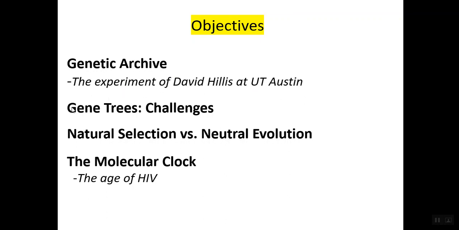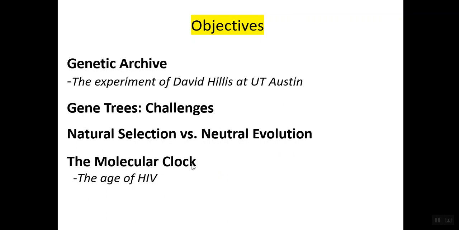We're going to talk about the concept of gene trees and the challenges associated with them. Then we're going to talk about neutral evolution, this concept, very simple, okay? And we're going to talk about the difference between natural selection and neutral evolution. Then we're going to end this discussion with the molecular clock.